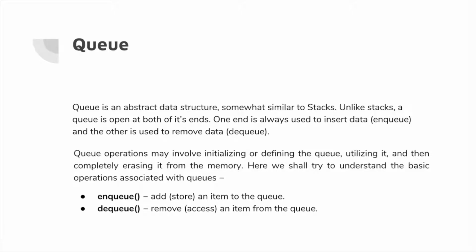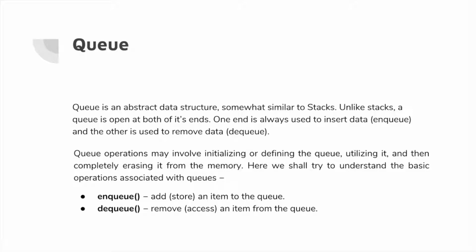So queue is an abstract data structure, somewhat similar to stack. Unlike stack, a queue is open at both of its ends. One end is used to insert data, and we call it enqueue, and the other is used to remove data, and we call it dequeue. Queue operations may involve initializing or defining the queue, utilizing it, and then completely erasing it from the memory.